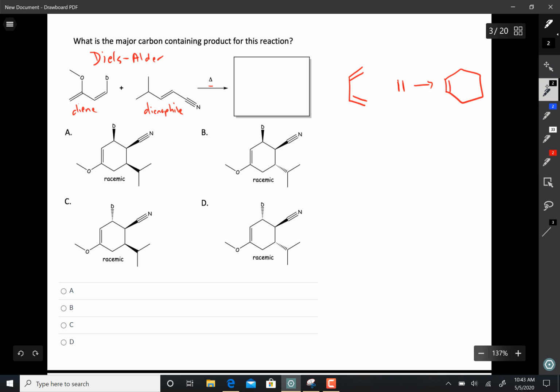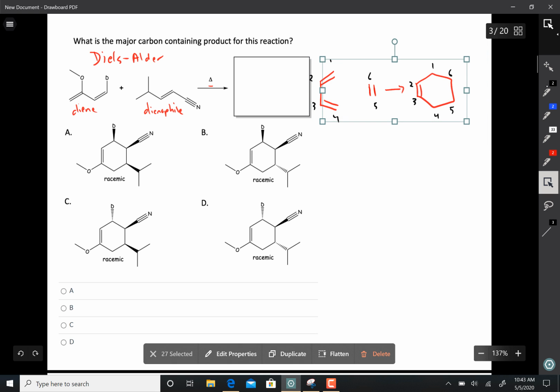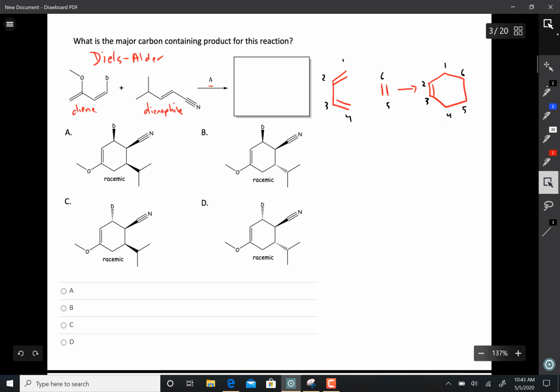And so if we number this, 1, 2, 3, 4, 5, 6, the double bond on the cyclohexene ends up between carbons 2 and 3. Now it's a matter of filling in everything.